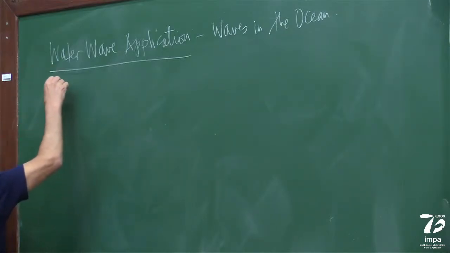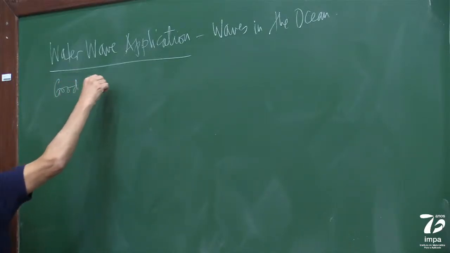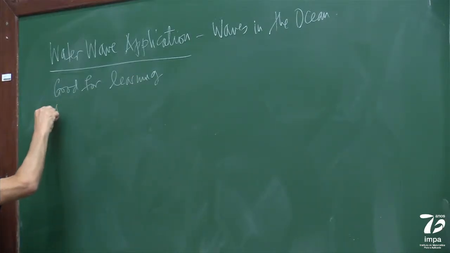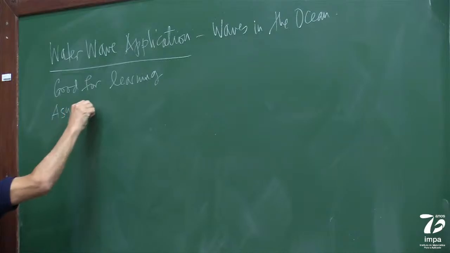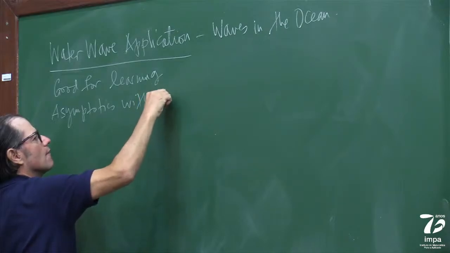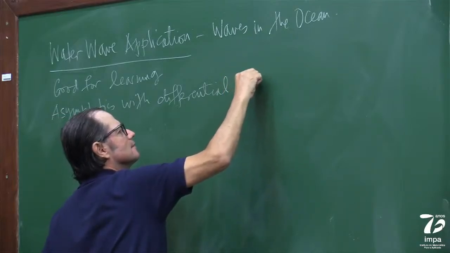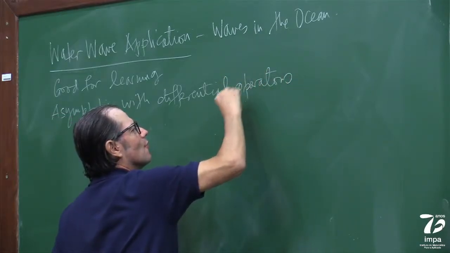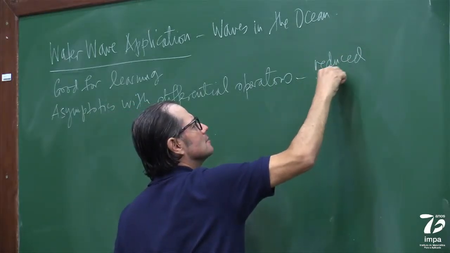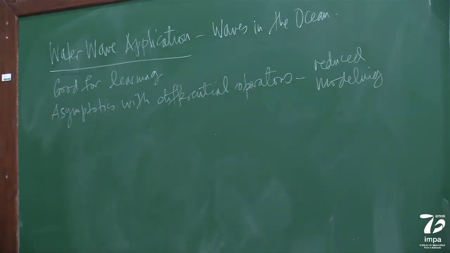This is a good place for us to think of, and put it as good for learning asymptotics with differential operators, which I like calling this reduced modeling, which is getting a simplified model, a simplified differential equation.